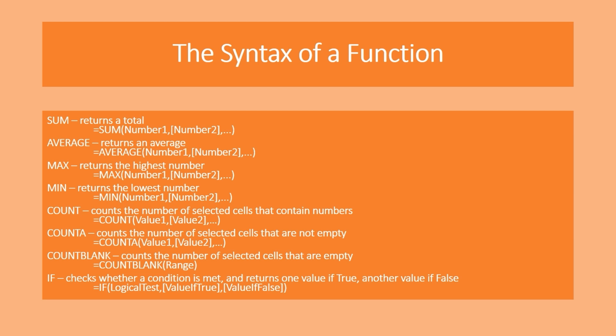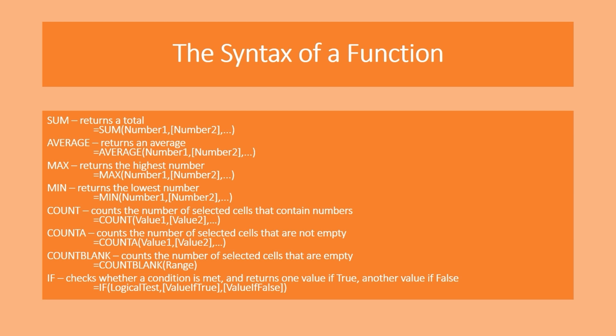That is a condition that has to be able to be adjudicated to either being true or false. And then you get to give it an optional value if true and an optional value if false. If you exclude those 2 secondary arguments, your return will either be true or false.